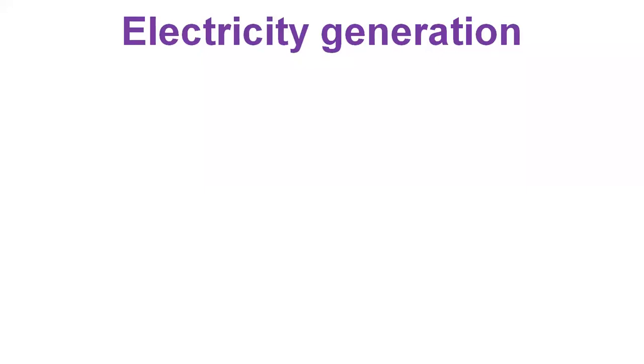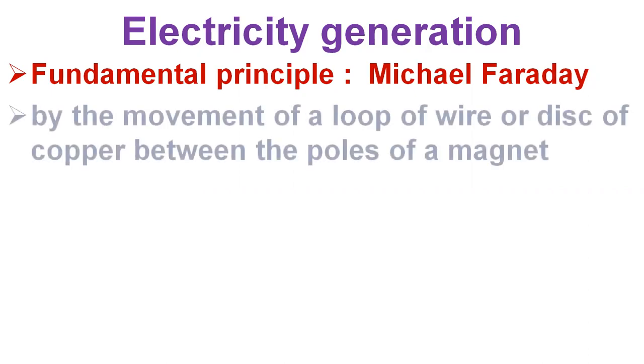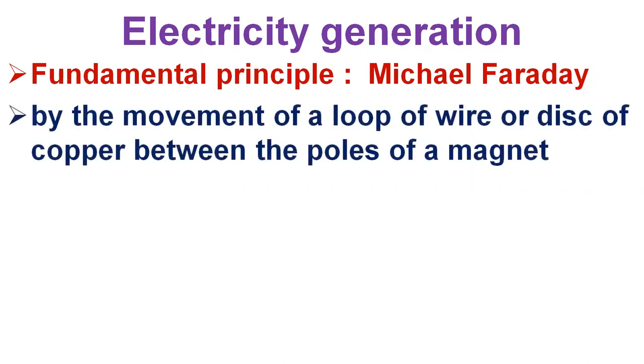For electricity generation, the fundamental principle, which was discovered during the 1820s and early 1830s by the British scientist Michael Faraday, is that his basic method is still used, that is, electricity is generated by the movement of a loop of wire or disc of copper between the poles of a magnet.